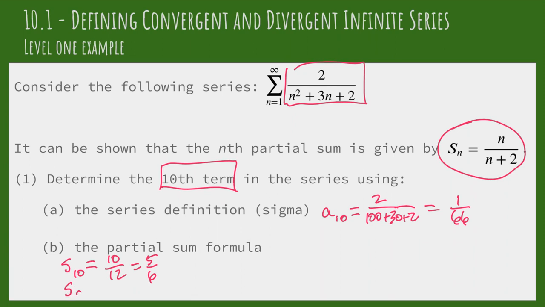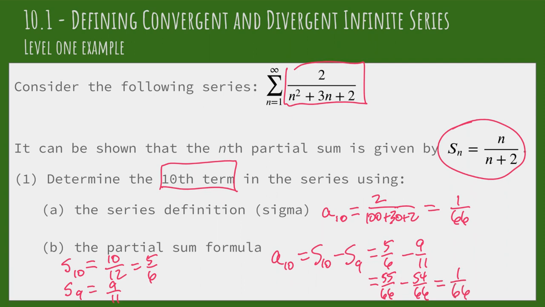So we also need to know what the 9th partial sum is, and that's going to be 9 over 11. So knowing what the sum of the first 10 terms is and the sum of the first 9 terms is, we can find the 10th term by subtracting, which is going to be 5/6 minus 9/11. Getting a common denominator, we're going to have 55 over 66 minus 54 over 66, which is 1 over 66.